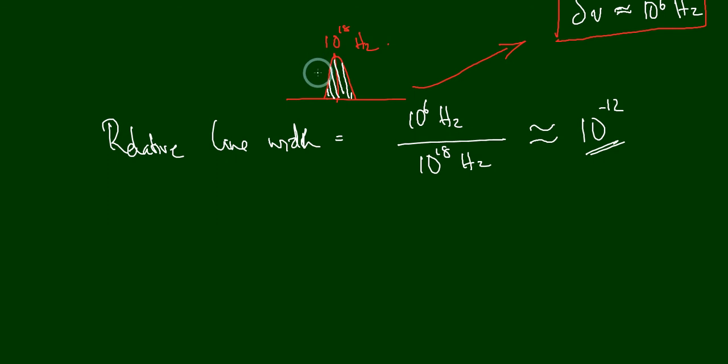If the sample nucleus is getting 3.5 × 10^18 hertz, that's fine, it will be absorbed, no problem. But it will also absorb a range of frequencies, and whatever range of frequencies fall inside this band can be absorbed by the sample nucleus, and then it will go to the excited state. The sample nucleus can absorb a range of frequencies because of the uncertainty in the energy of the excited nucleus.